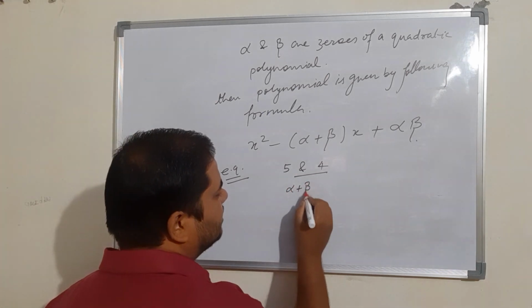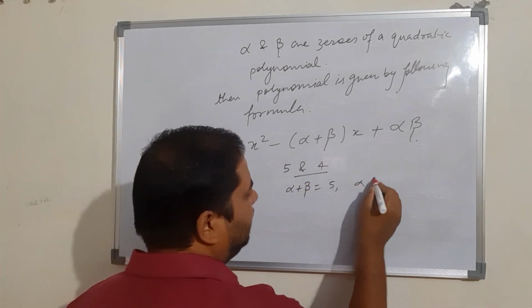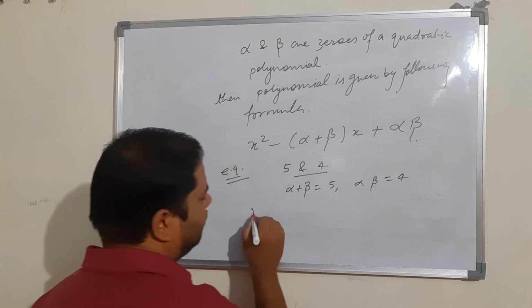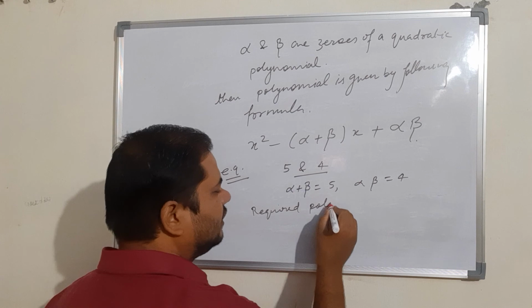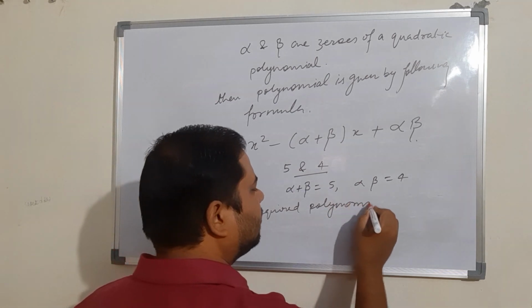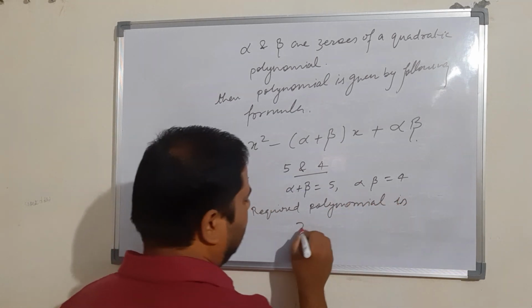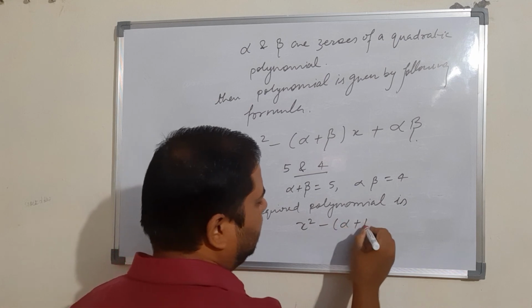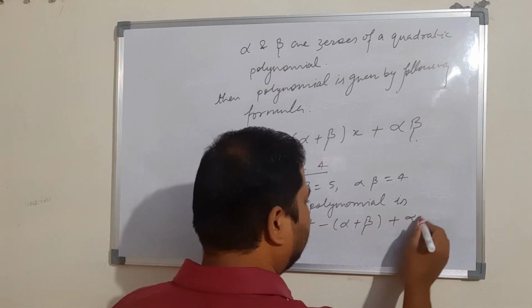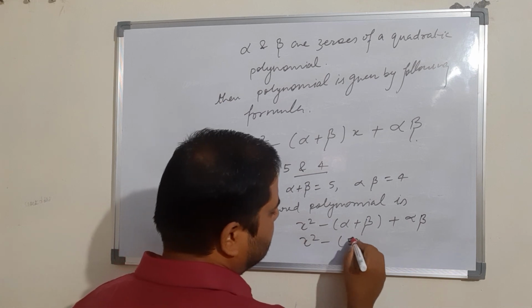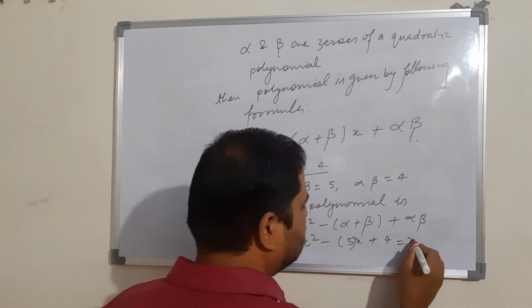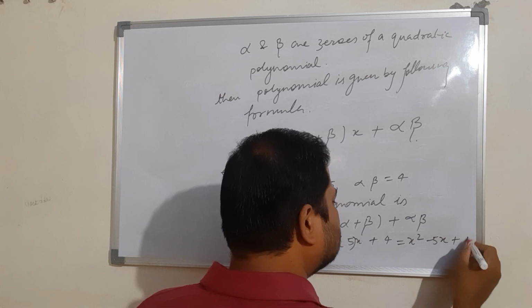Alpha plus beta is given as 5 and alpha beta is given as 4. So the required polynomial is x square minus (alpha plus beta) x plus alpha beta. Simply put in the values: x square minus 5x plus 4.